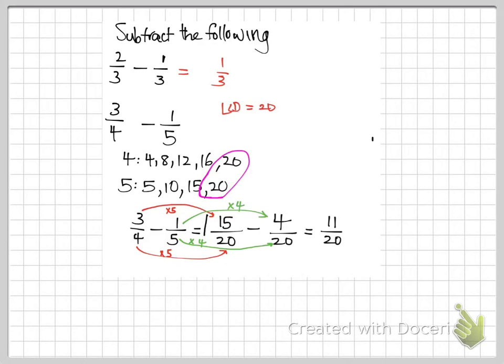So my problem becomes 15 over 20 minus 4 over 20. My denominator now is the same. I've got 20, and my numerator is 15 minus 4, which I can just subtract, and I get an answer of 11. So my answer is 11 over 20.